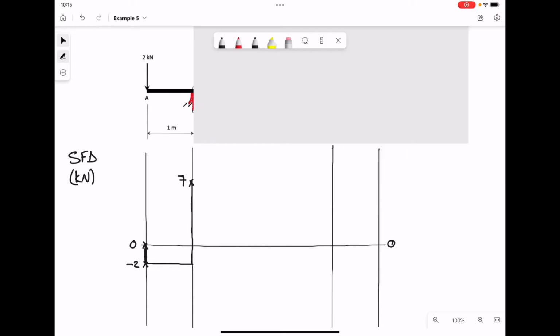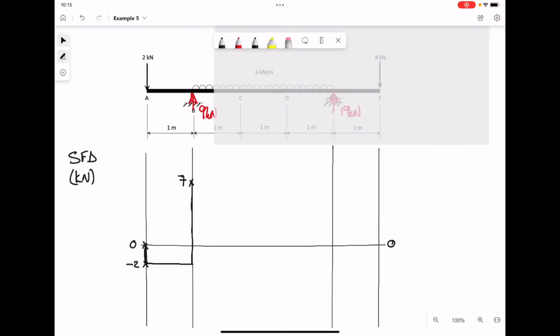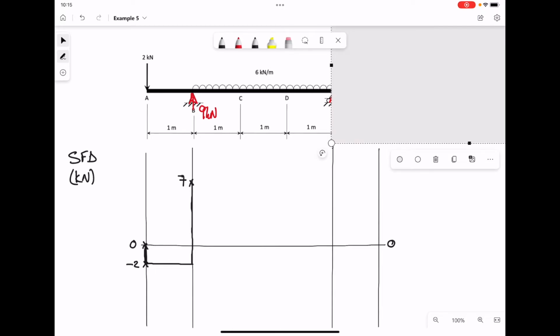Then I'm next going to consider where we're at on the beam at the end of the UDL, but just before we come to the second support of 19 kilonewtons. So currently at a value of 7, we have 3 meters of 6 kilonewtons per meter, and that will give us a total weight of 18 from the UDL.